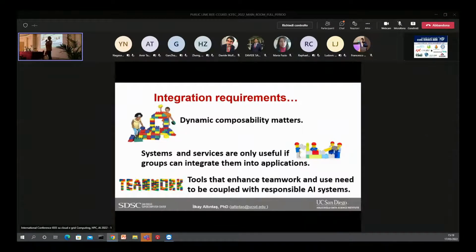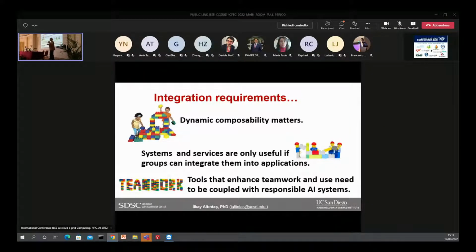One, dynamic composability. We need to be able to, at some point, compose these systems dynamically so we can use them effectively. The second thing I'll talk about is systems and services. I talked about systems and services, but how are we going to make them integratable into applications? What is that application integration layer and what do we need there?